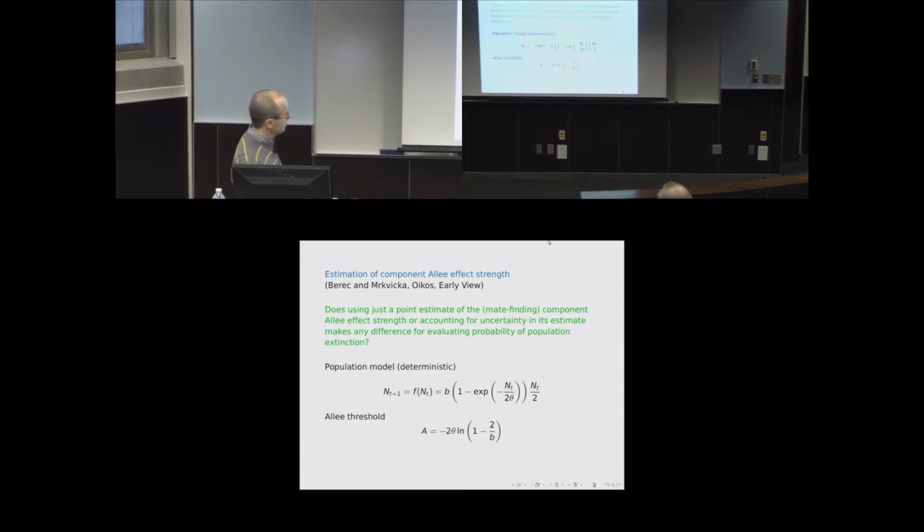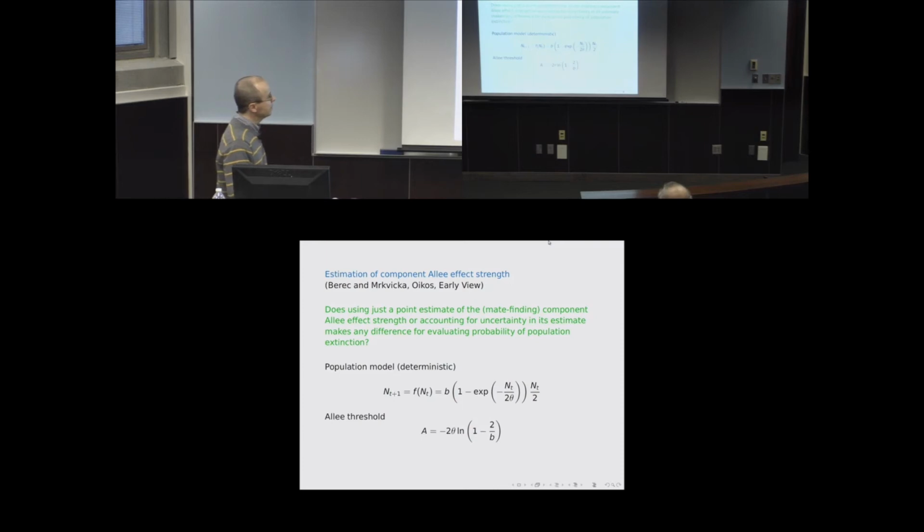The other thing related to the Allee threshold is that when you have data and a model, one of the methods to estimate the Allee threshold is to compose a population model, perform a behavioral experiment in which you estimate the strength of the component Allee effect, like the mate-finding Allee effect, and then put this value into your population model and estimate the Allee threshold from the dynamics of your model.